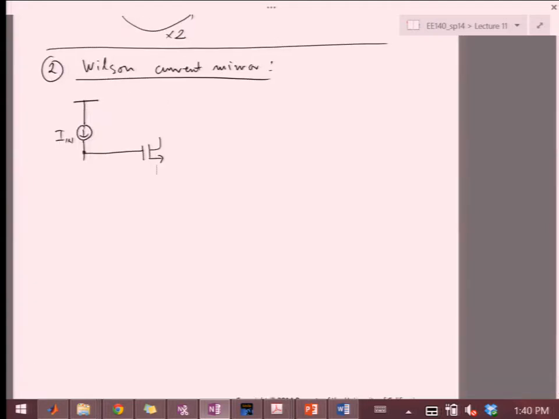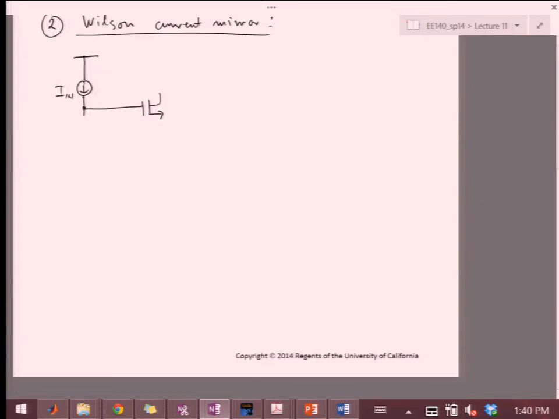So the main point of the Wilson is to try to boost the output impedance, and so we're going to see how it does that. So let's label these M1, 2, 3.